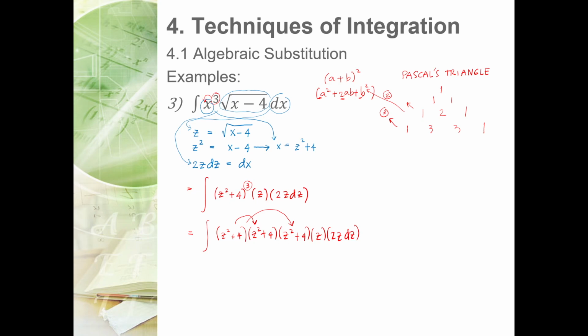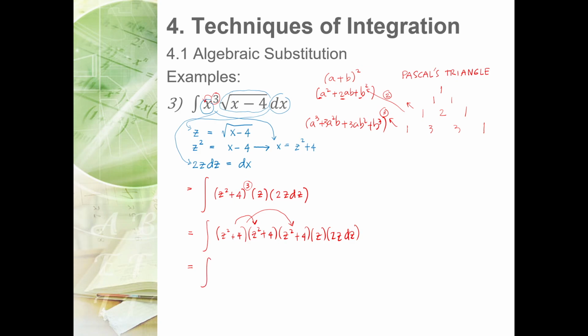And for the cube, we're going to have a cubed plus 3a squared b plus 3ab squared plus b cubed. Right? So if you know that shortcut, you can just proceed to it directly.